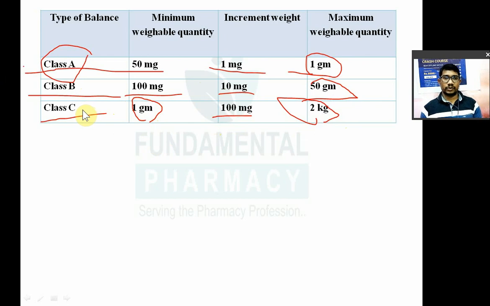If you want to measure less than 100 milligram, like 70 milligram, 90 milligram or 60 milligram, you have to use class A balance.